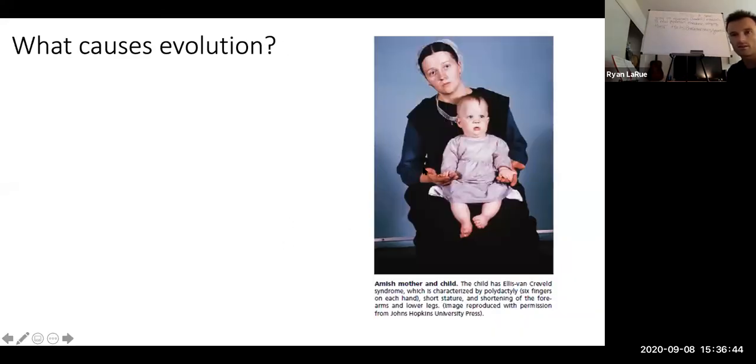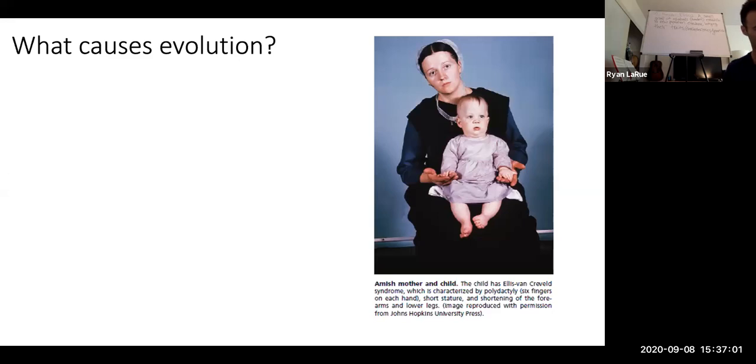So this is a picture of an Amish mother and her child. So the Amish are a brand new population from an original colony of settlers.